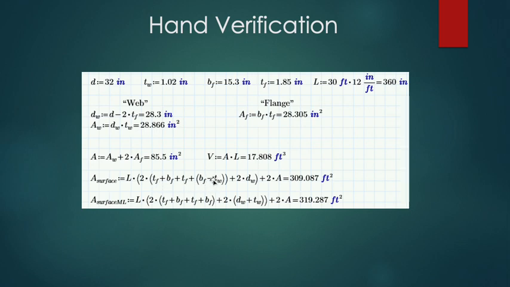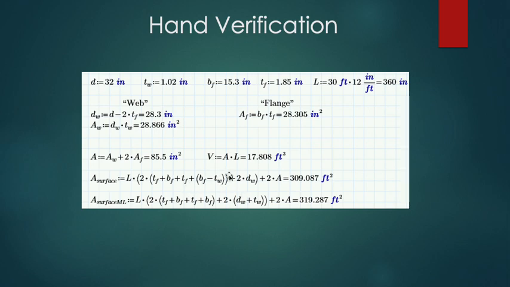So where the web attaches to the flange, I took that out right here, because on a normal wide flange shape, where the web and flange are welded together, rolled together, that's not included in the actual surface area, obviously. So I took that out here, and so this is the actual surface area of that entire beam, times the length, so it's 309.087, which is probably the most accurate you can get, unless you see something wrong in my equation.